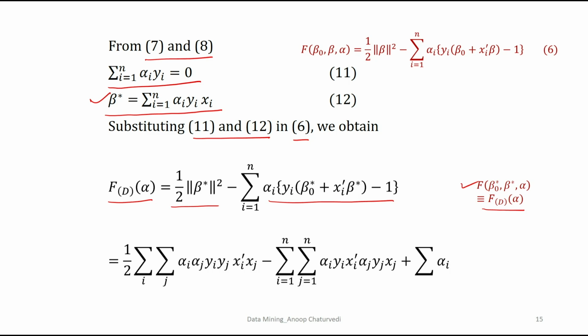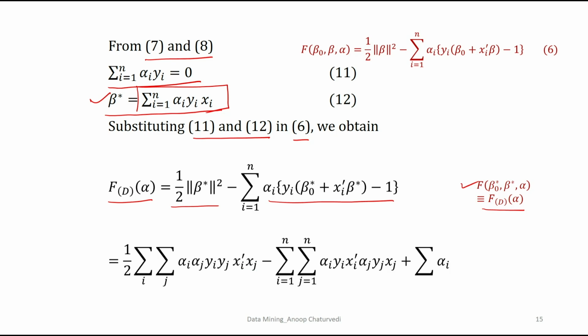And then the norm of beta star we can get from the expression for beta star, and the norm is equal to summation i, summation j, alpha i, alpha j, yi, yj, xi transpose xj.